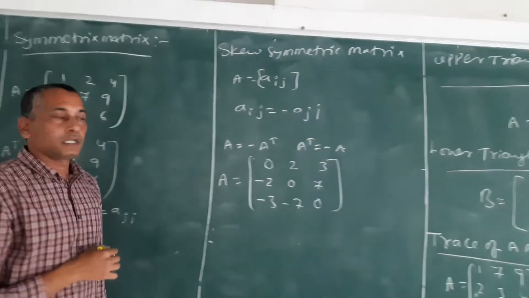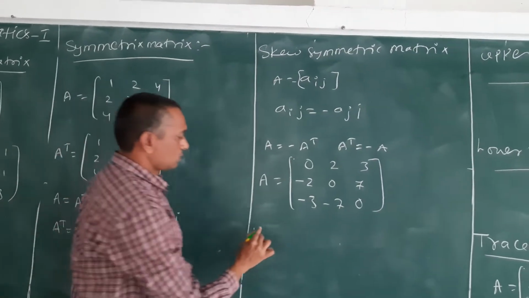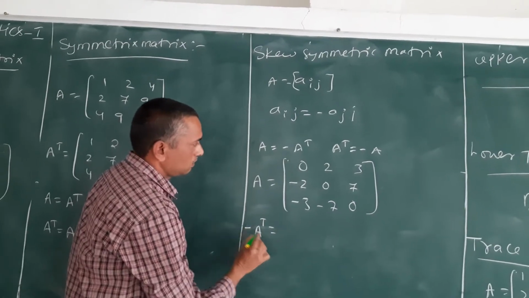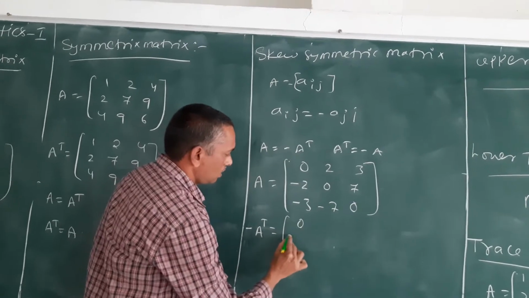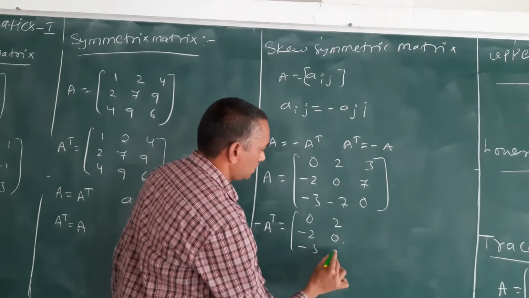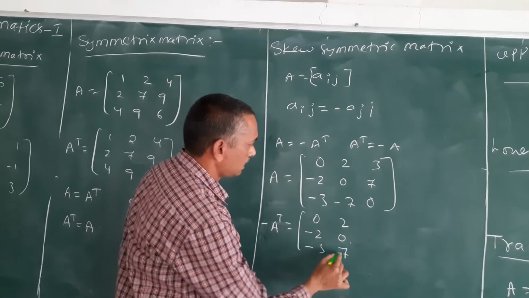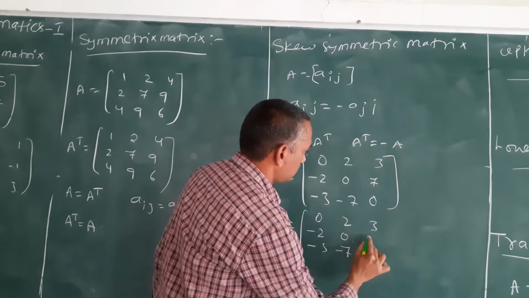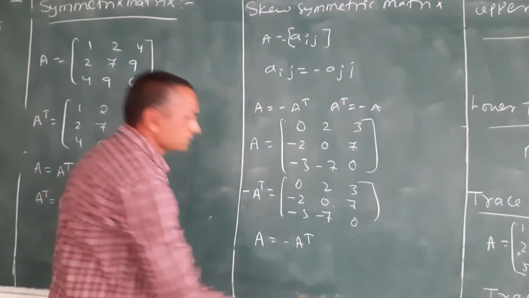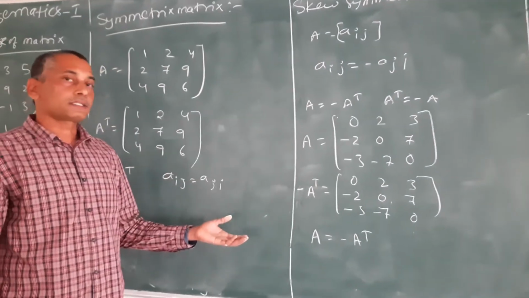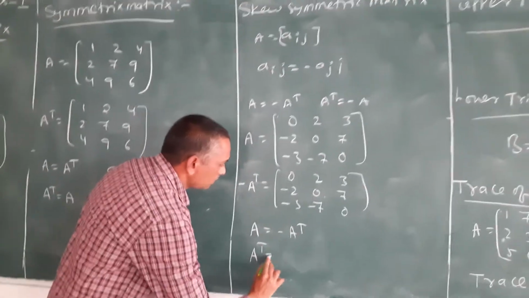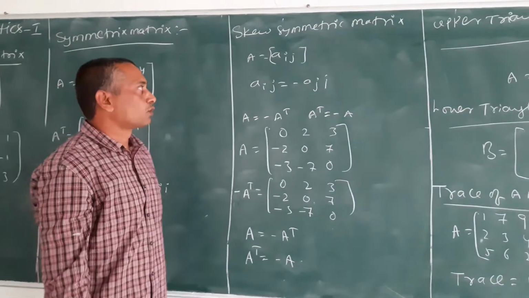This is the given matrix A. A transpose equals 0, minus 2, minus 3, 2, 0, 7, minus 7, 3, 7, 0. Here A equals minus A transpose. A is a skew symmetric matrix if and only if A equals minus A transpose, or A transpose equals minus A.